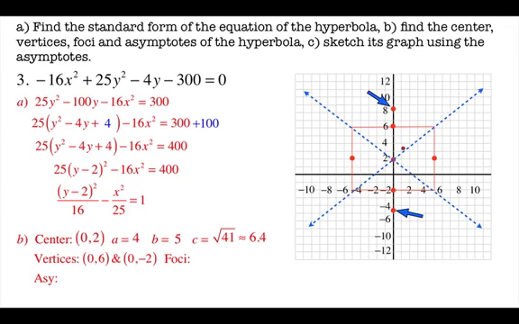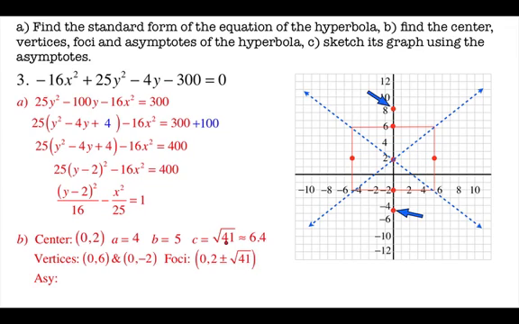So if I do that, this is a good estimation. Then I'm going to give the coordinate value. So the x value is 0. And then from here, I'm basically adding and subtracting radical 41, which is my c.